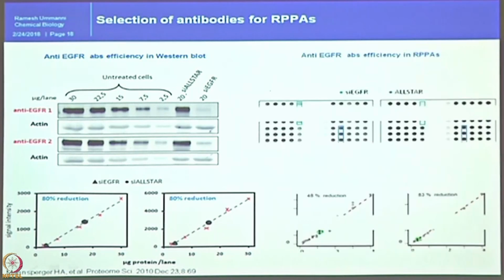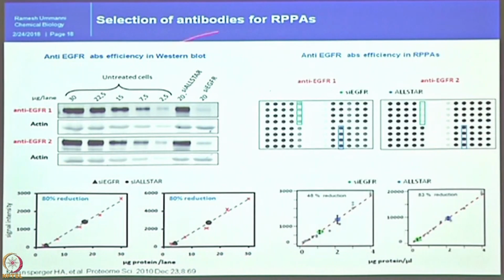How is that? When you did RPPA with the same samples, you can see the anti-EGFR antibody 1 detecting the lysate where EGFR is downregulated, and here are also control samples. This is antibody 1, antibody 2.